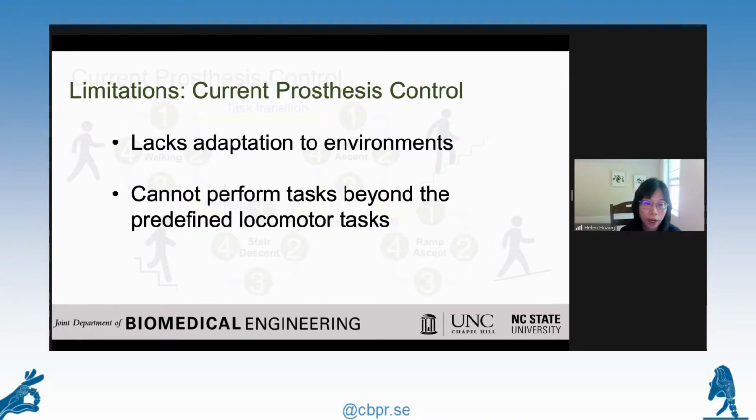The other limitation is that the state machine cannot allow the user to use this device to support a task beyond what is already predefined in the locomotion mode or the state machine. For example, if the person wanted to perform a task like playing tennis, you just can't pre-program the entire state machine for that entire game.